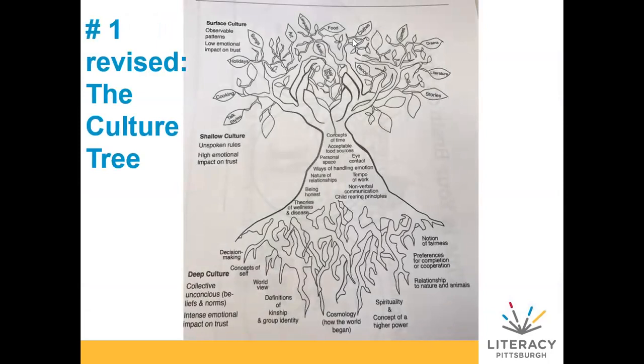The culture tree still gets at this idea that there are observable manifestations of surface culture that manifest certain patterns in that culture, and that there is a deep and unconscious system of beliefs and norms that are driving those surface manifestations.